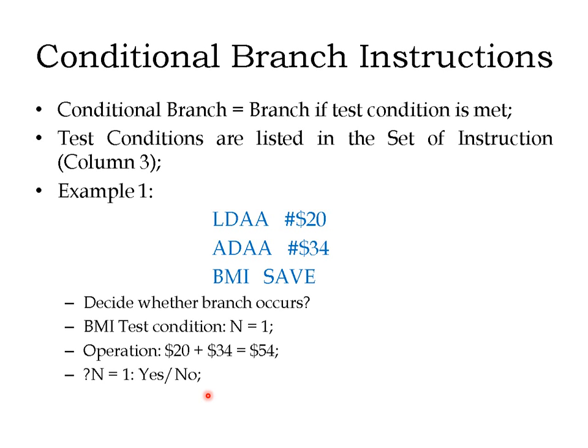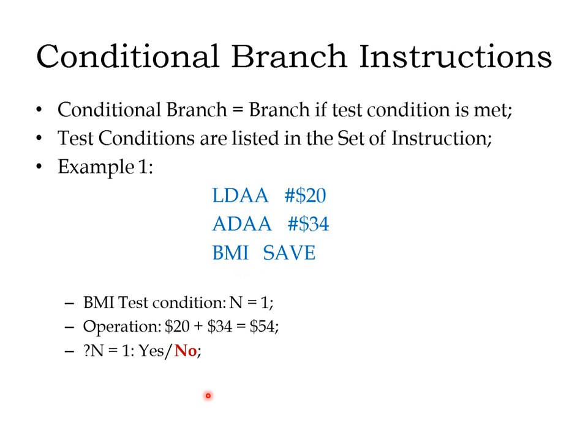That's 54, a positive number, so the N flag will not be set. Is the condition met? The condition is N equals 1, meaning the N flag should be set, but it is cleared right now. So the answer should be no. Remember, the only thing we are asking here is whether the branch will occur or not. So this is a yes-no question, and the answer is no.